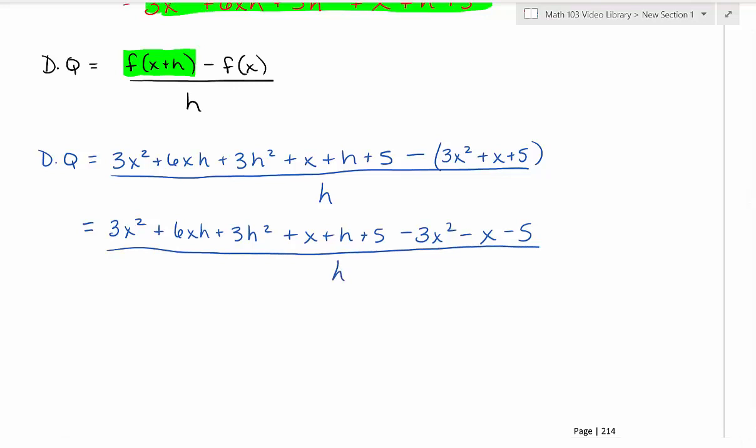Looking for like terms to combine, we have x's, x squareds, and constants that can be combined.